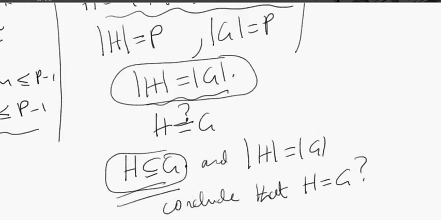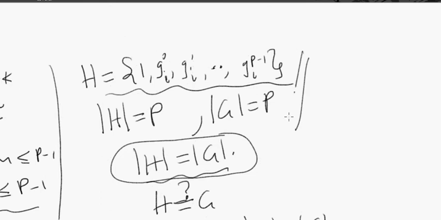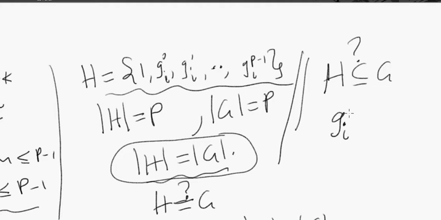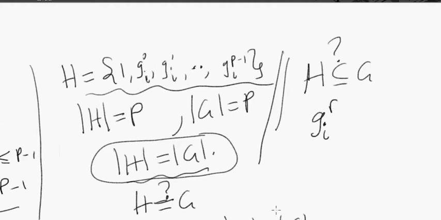So let's ask the question, is H a subgroup of G? What are the elements of H? All elements of H are of the form g sub i to the r, where r is some number between 0 and p minus 1, like g sub i to the 0, g sub i to the 1, and so on.